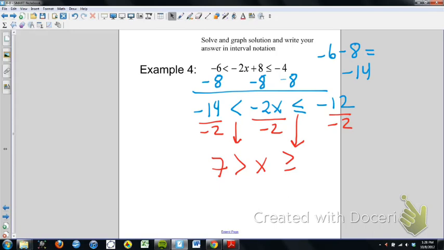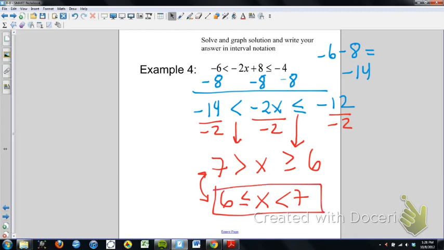And negative 12 divided by negative 2 is positive 6. So x is greater than or equal to 6 and less than 7. So another way of writing this is 6 is less than or equal to x, and x is less than 7. Okay, so these two are equivalent forms. I prefer this one right here, right?